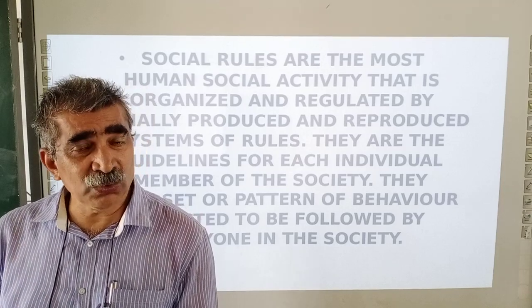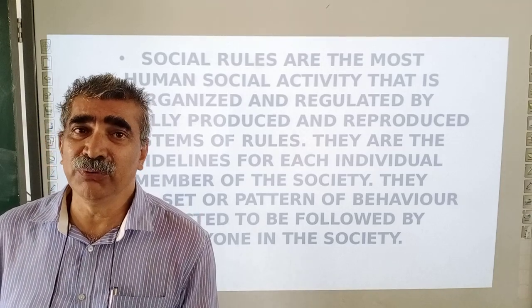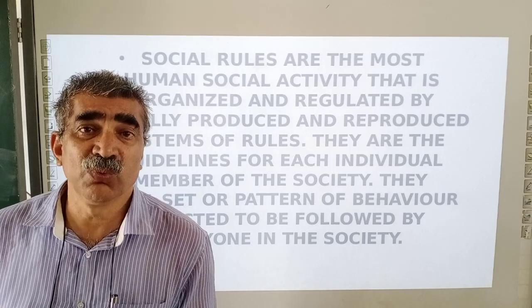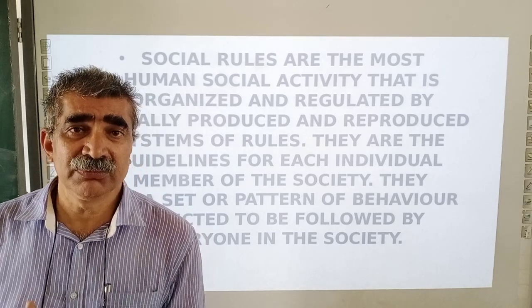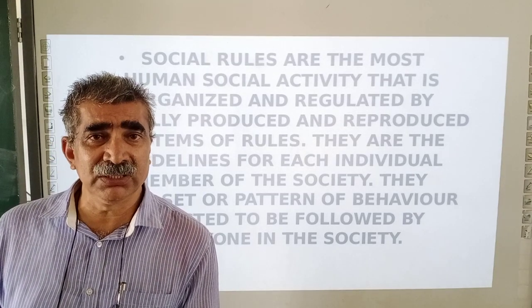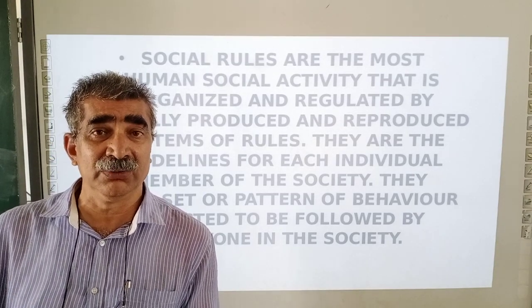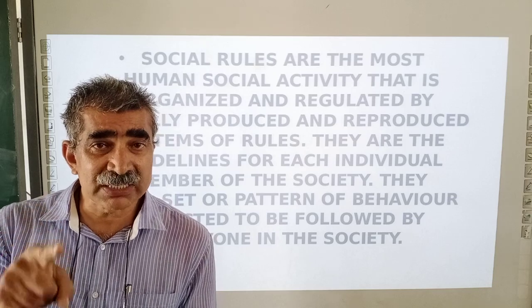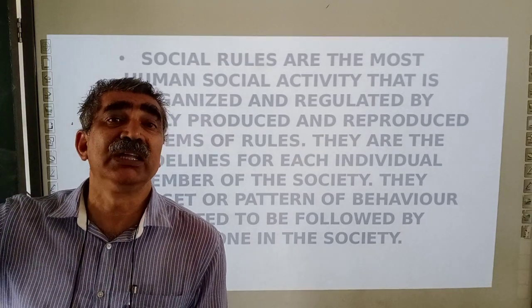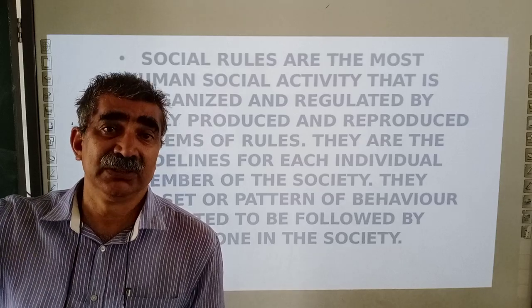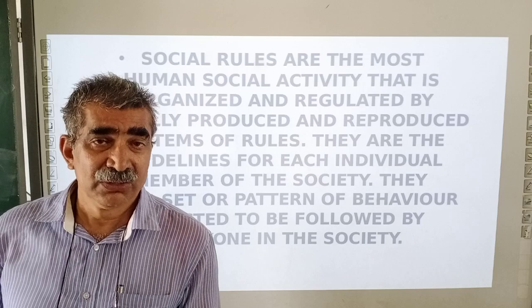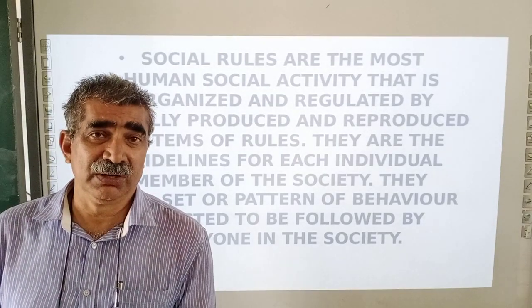If you violate that rule, it creates trouble for others, because others want to study. When all members are playing in the ground, you cannot go and tell, hey, don't play, I want to study in the ground. The social rule is there, permitting other members to do what they want when they are permitted. So we need to know the social rules and regulations.